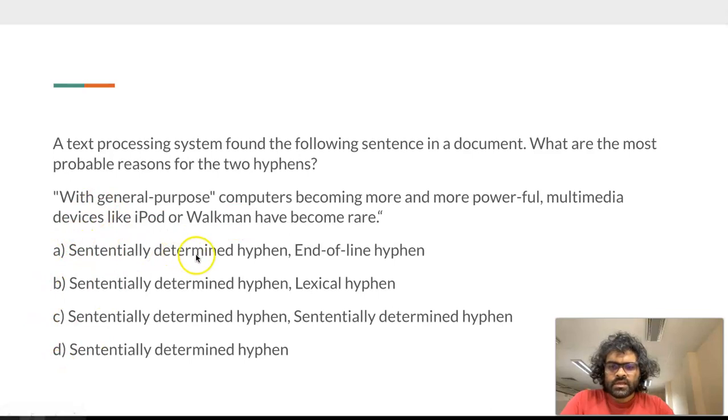The first option is sententially determined hyphen, and the second is end-of-line hyphen. Do you know what a sententially determined hyphen is? There are three types of hyphens in the options: sententially determined hyphen, end-of-line hyphen, and lexical hyphen.